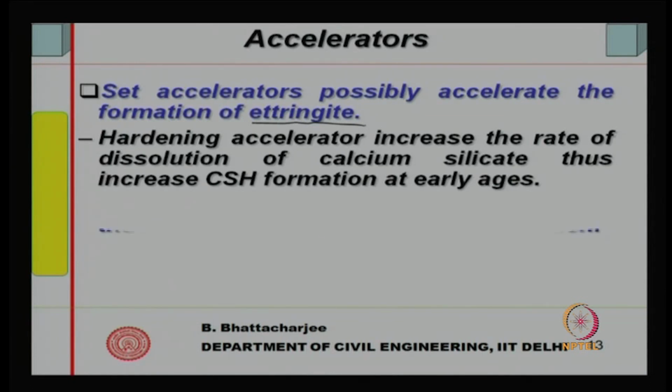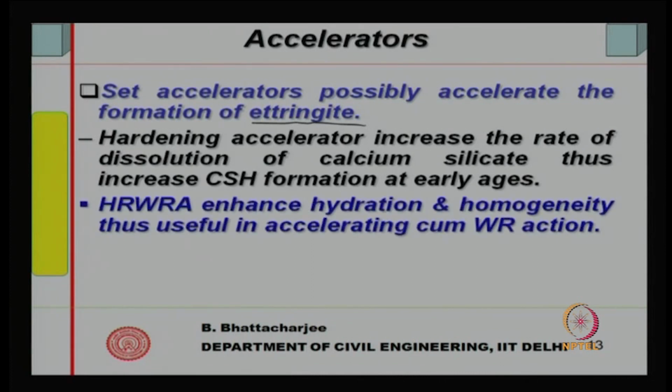So, that is how early strength you can get. High range water reducing agent enhances hydration and homogeneity, that is what we have seen earlier, thus useful in accelerating the water reducing action, all right.